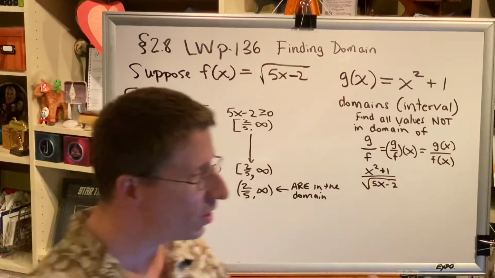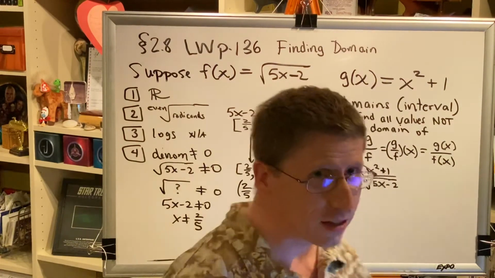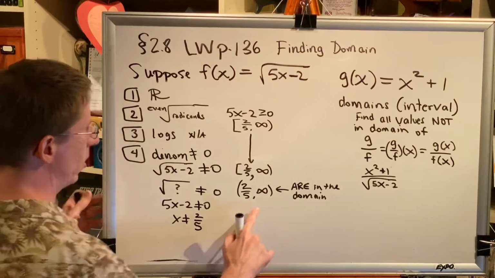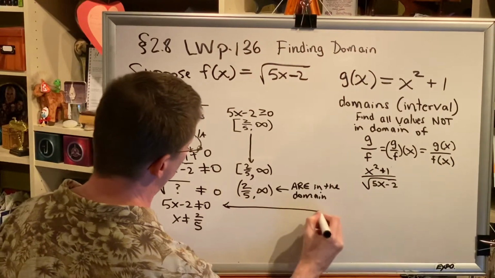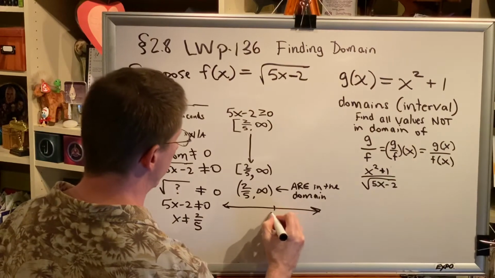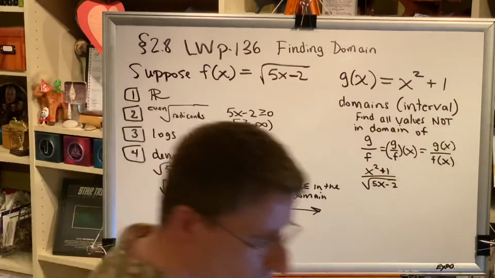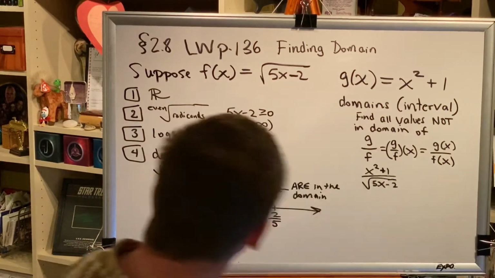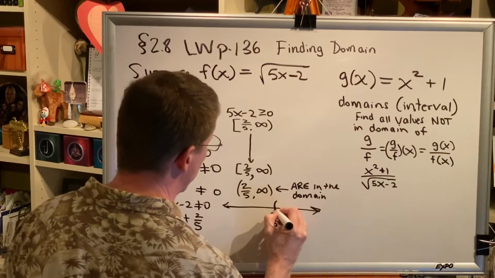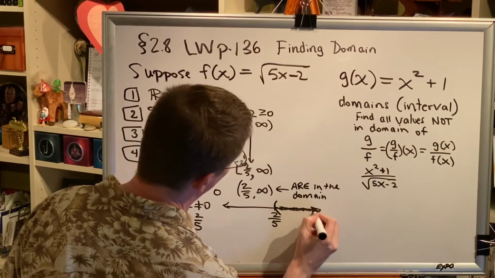But the question that they asked us is to find all values that are not in the domain. Okay, well, let's think about what we've got going on here. If I were to graph these, it would look like this. At 2/5, I could have a parenthesis, and shading all the way to positive infinity.